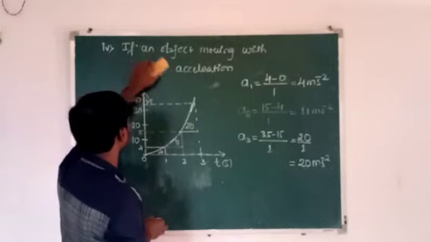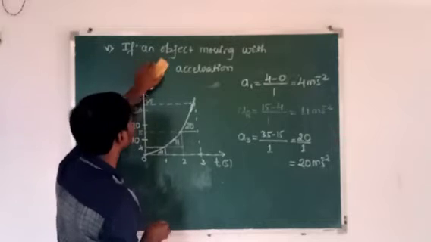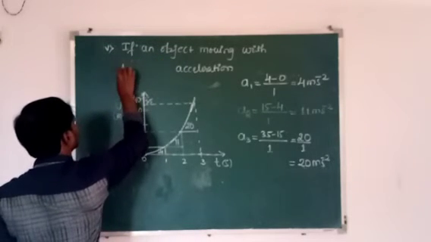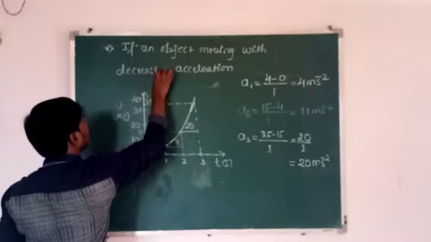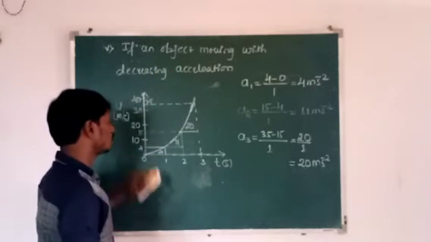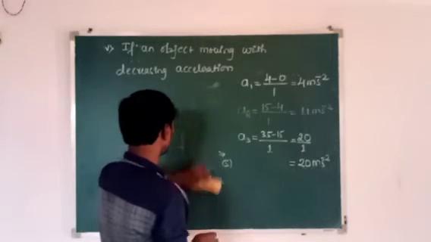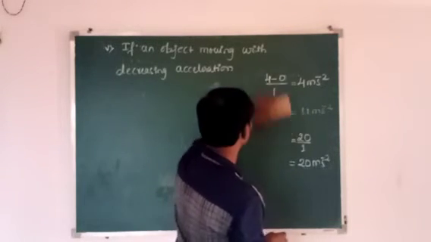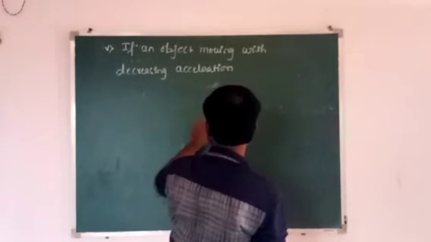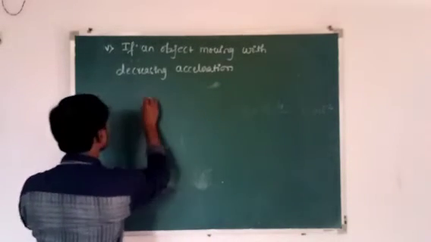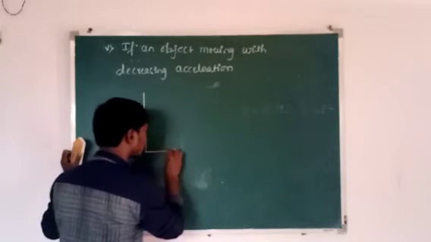Next we are going to consider the fifth one. If an object is moving with decreasing acceleration, again let us plot the graph here. Y-axis and x-axis.